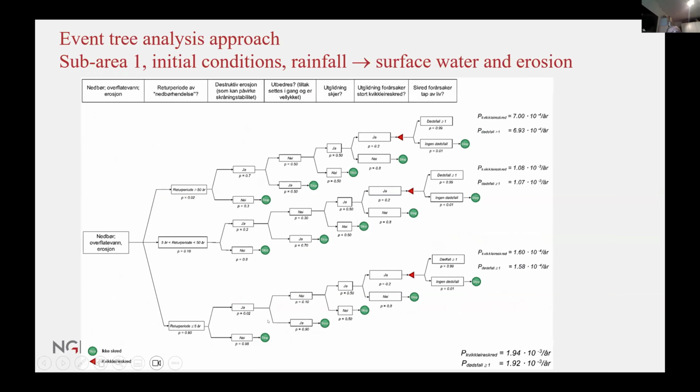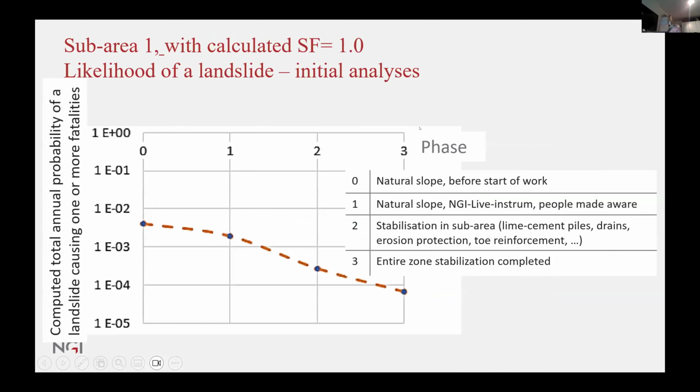And then we look at the probability of destructive erosion, and can it be discovered in time and repaired? Yes or no? And if it cannot be repaired, will a small slide occur? And will it develop into a very large landslide and create deaths among the people, which is the last step?